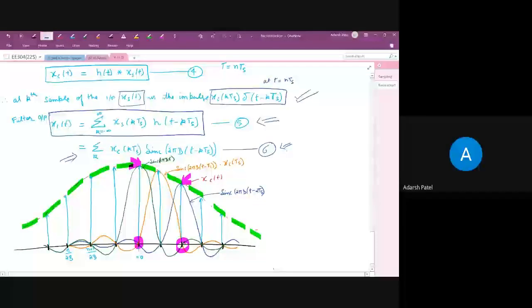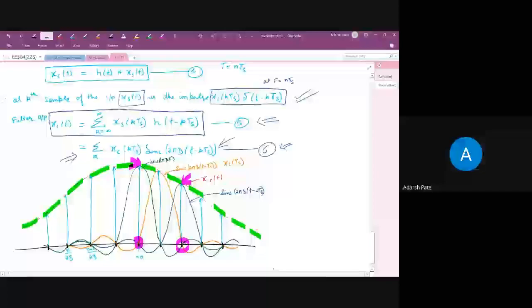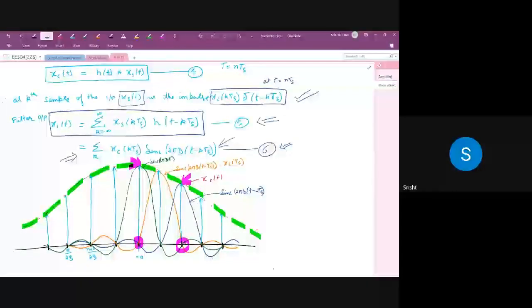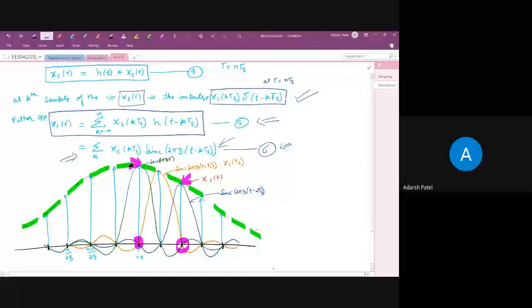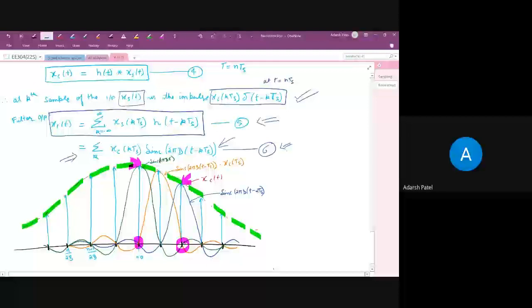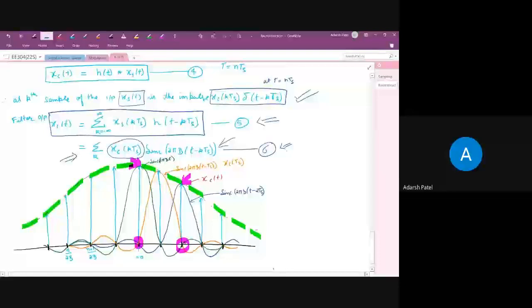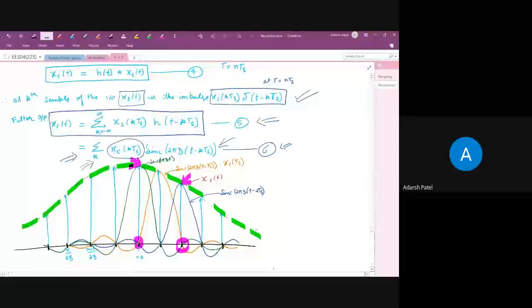But that thing is taken care of in the sinc function. I have written x_c(kT_s), and it's a summation over k. It is not an integral now, this is a summation now.